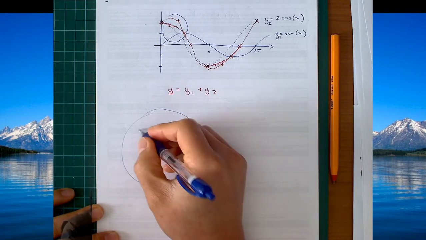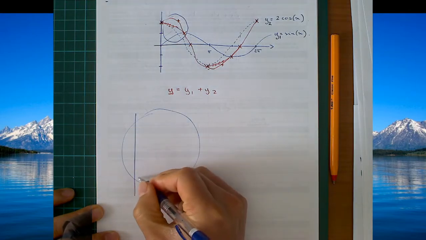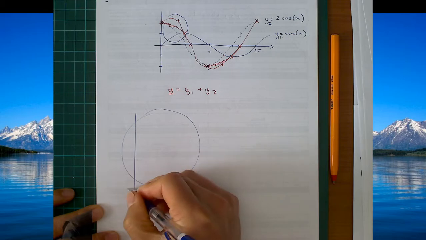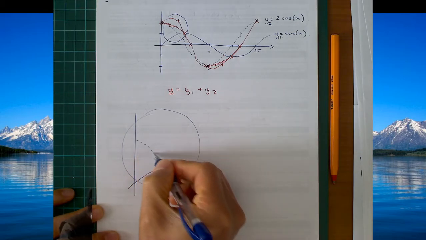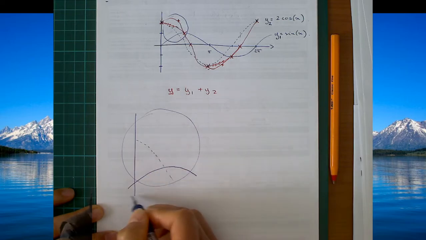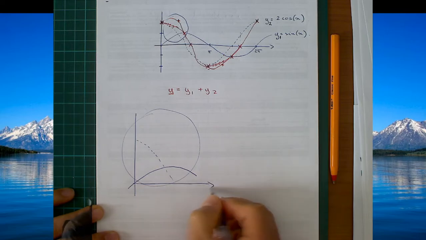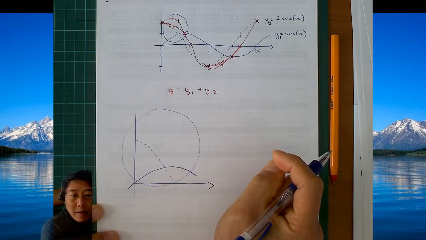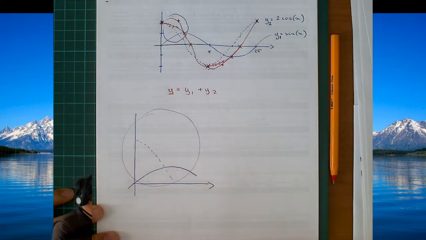Let's say I do something like that. One curve goes up, one curve goes down, and I need my x-axis.